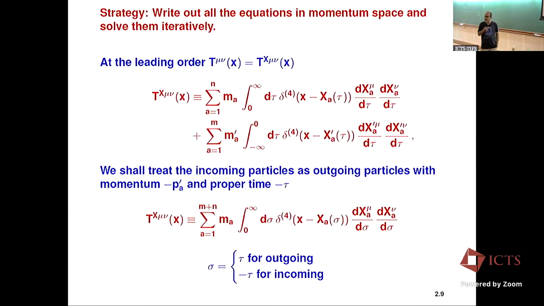So it's not that the original p's are set equal to minus p prime. We had p1 to pn, and now we are saying let's introduce pn plus 1 to pn plus m, which are minus p1 prime to minus pm prime. So these are independent objects. From 1 to n is outgoing, and from n plus 1 to m plus n is the incoming. Is that okay? Are there other questions?